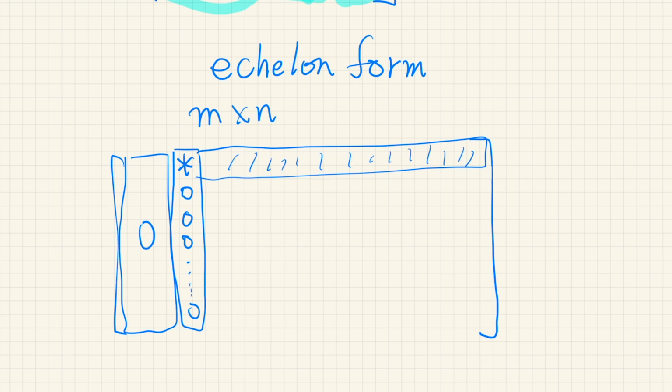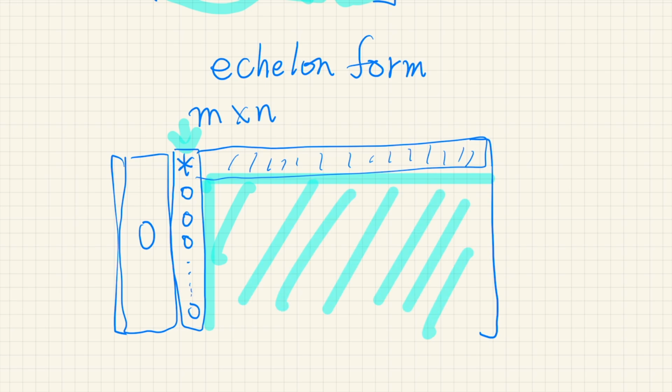Next, let's consider the submatrix obtained by removing the first row and all the columns left of this first column with a non-zero element in the first row. So we consider this part and do the same thing. There may or may not be some columns with all zeros.